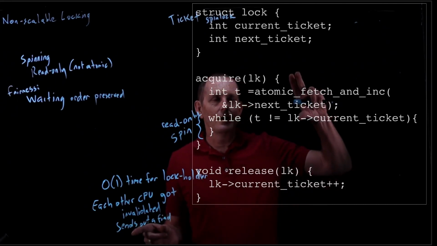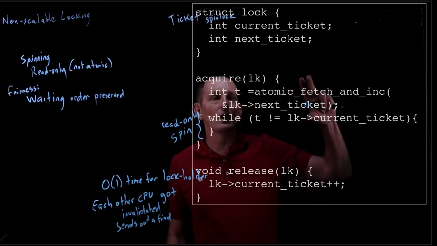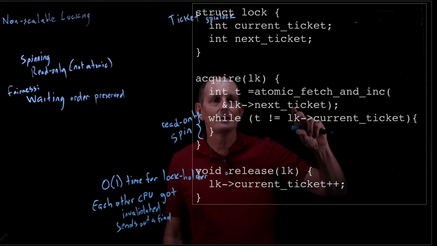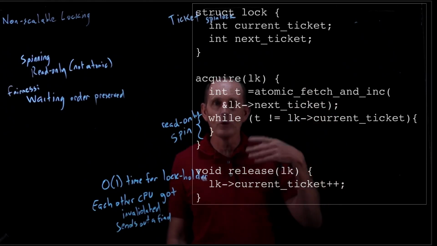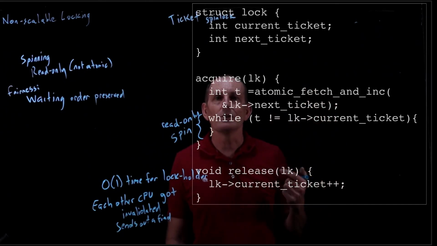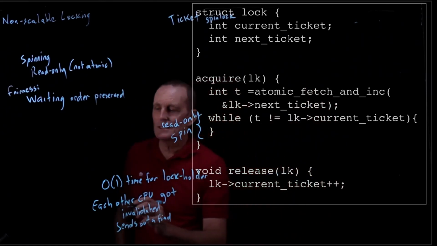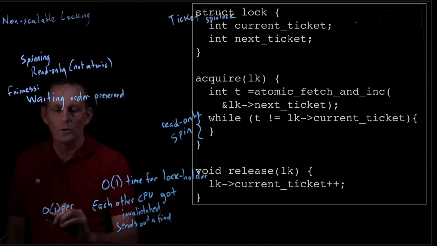So let's say CPU 1 is going to send out a find and do this. And then CPU 2 is going to execute this code. It's going to be in invalid mode, send out a find. CPU 3 is going to send out a find. CPU 4 is going to send out a find, and so on. So this means we have O of 1 per other CPU.